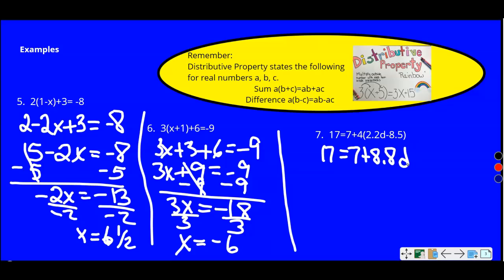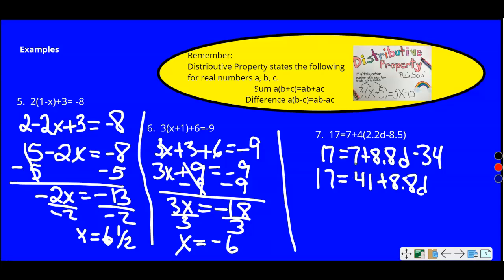And then 4 times negative 8.5 is going to be negative 34. All right, so we've got a positive 7 and a positive 34, and that's going to give us 41. So I can go ahead and put 41 plus 8.8d. So all I did was combine the 7 and the negative 34.